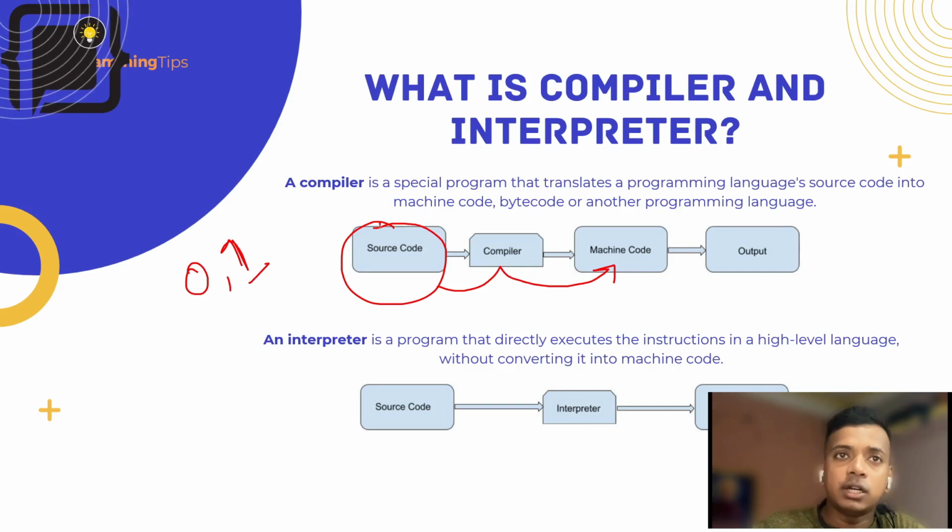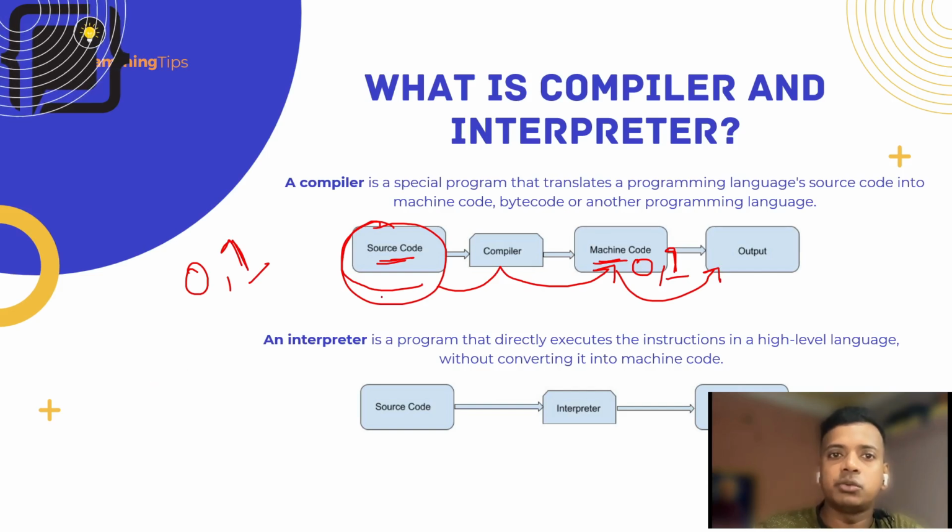So this compiler converts that source code, whatever you have written, into machine code, that means into 0 and 1. By converting that to 0s and 1s, it shows you the output.